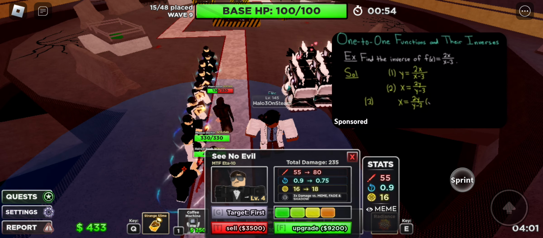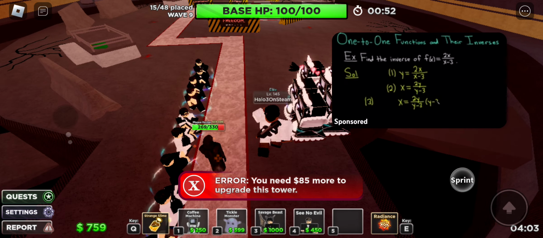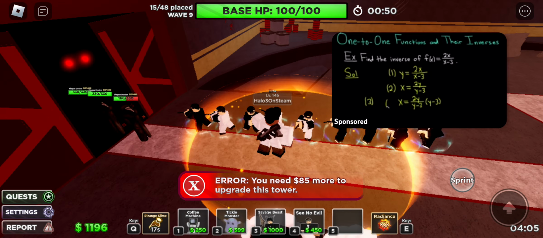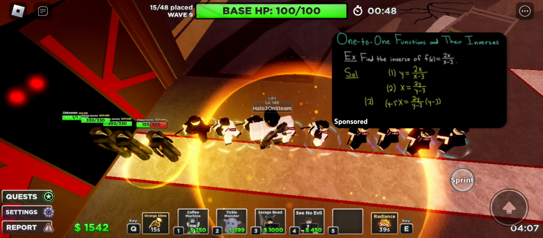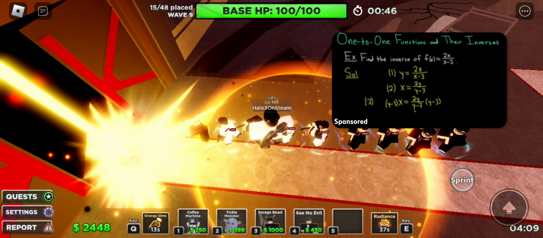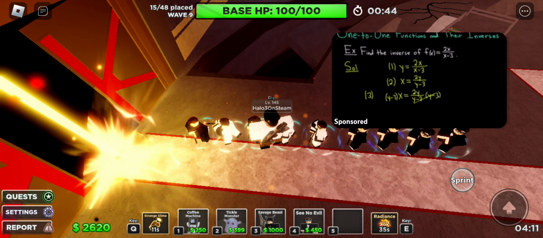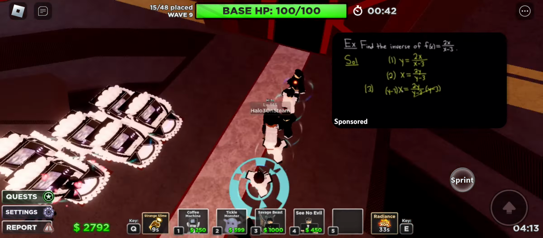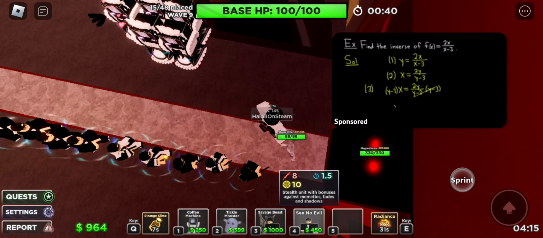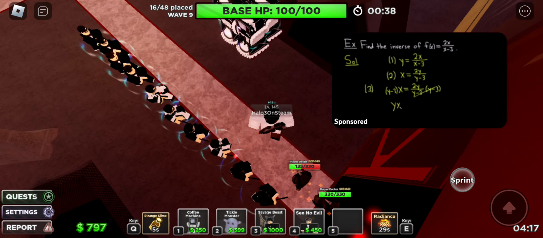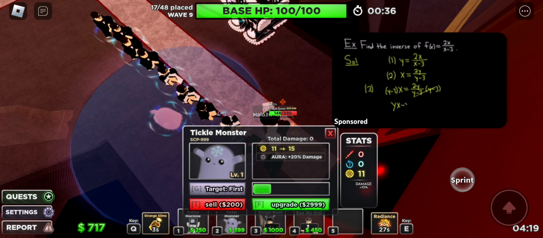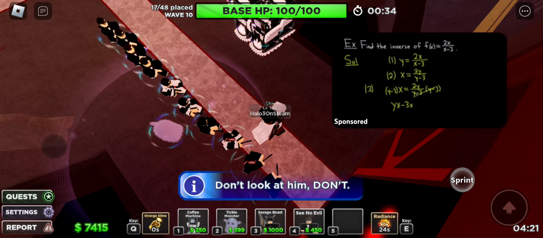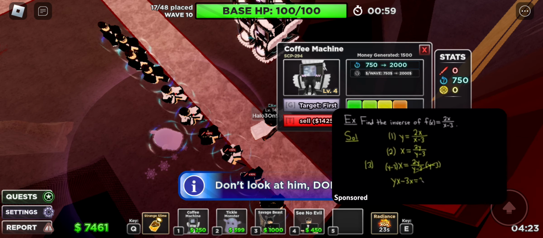What we can do is multiply both sides by y minus 3. On the right hand side these cancel, they're gone. And on the left hand side we can distribute the x. So we get y times x minus 3 times x, and that's equal to 2y.